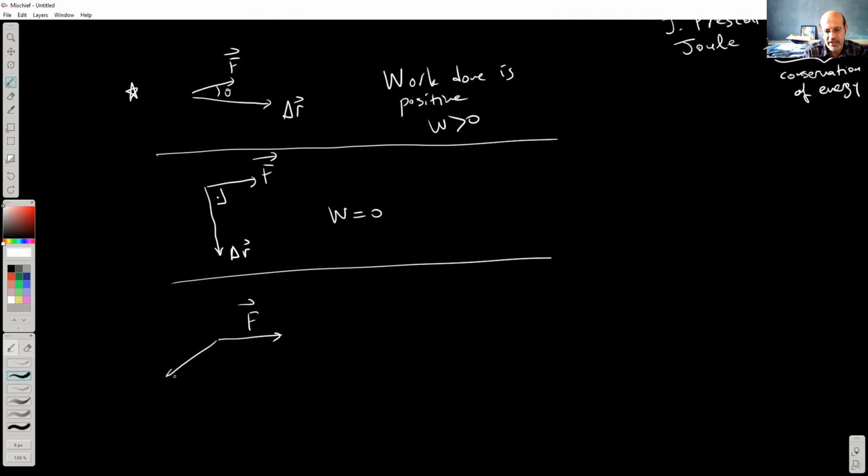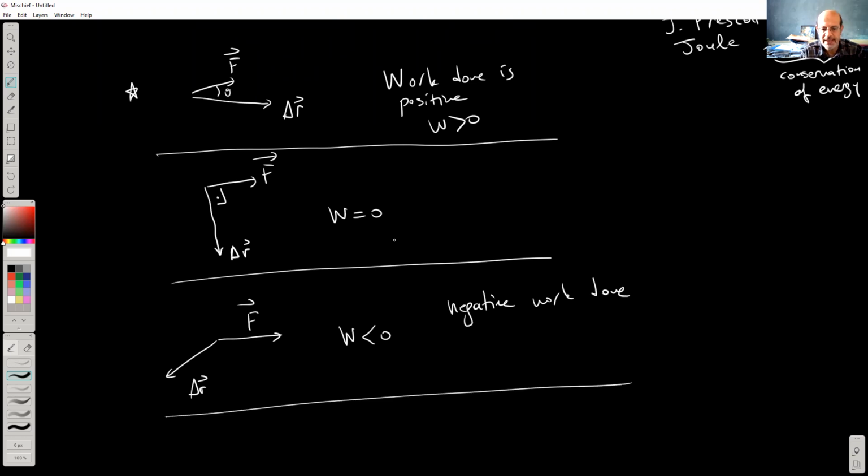In that case, the work done is negative, right? So we say negative work done. Okay, so let me just separate them like that. It's a scalar quantity, but it can be positive, can be 0, or can be negative. Okay, there's nothing unusual in here.